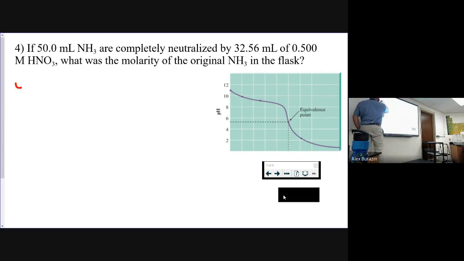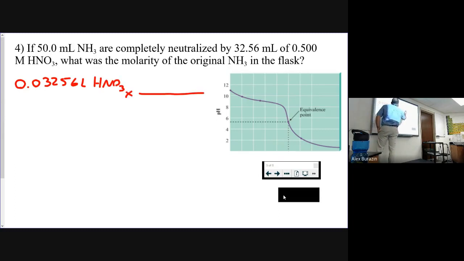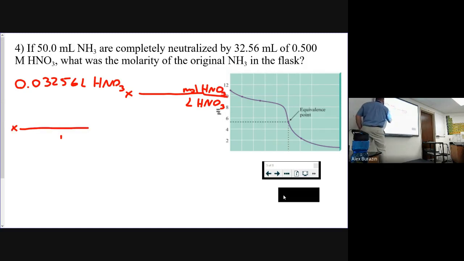So I'm going to go from 0.03256 liters of acid, and I'm going to convert that into moles. And then I'm going to convert that from moles of acid to moles of base.